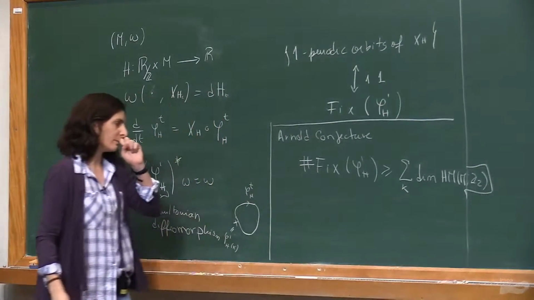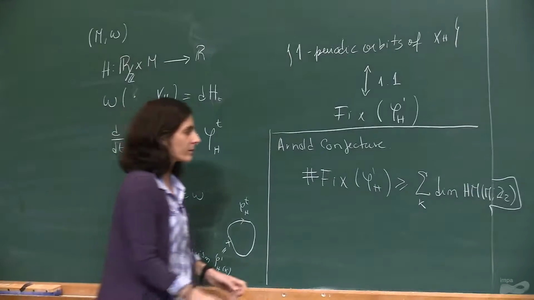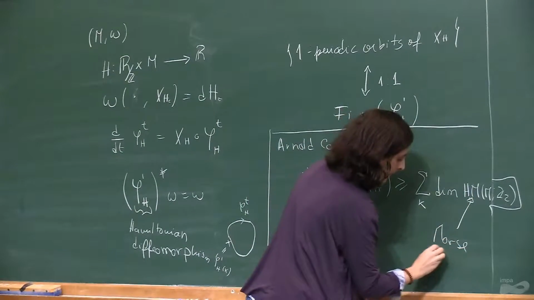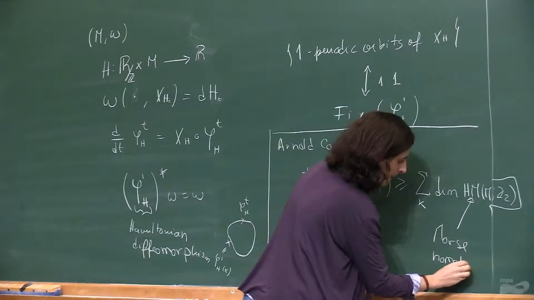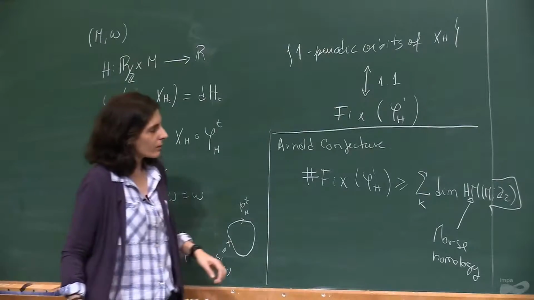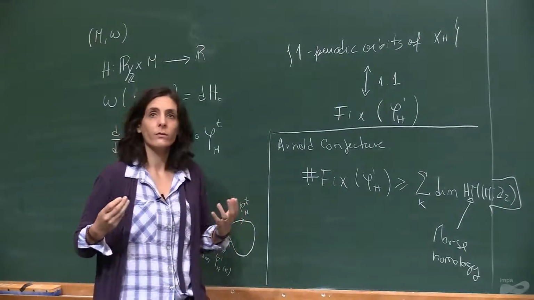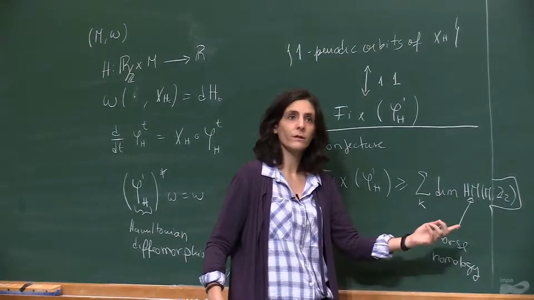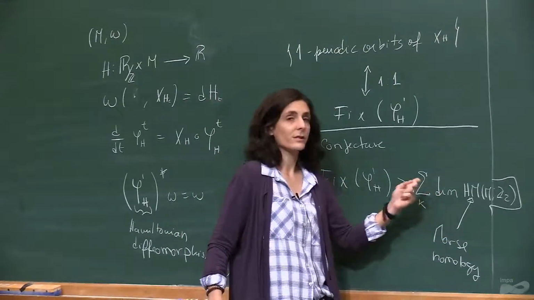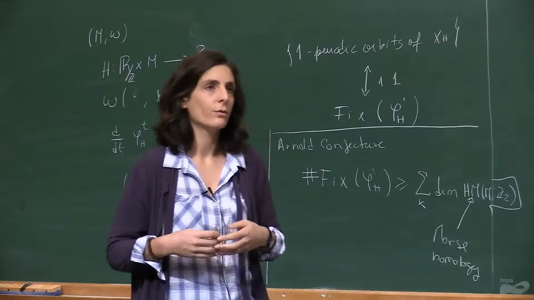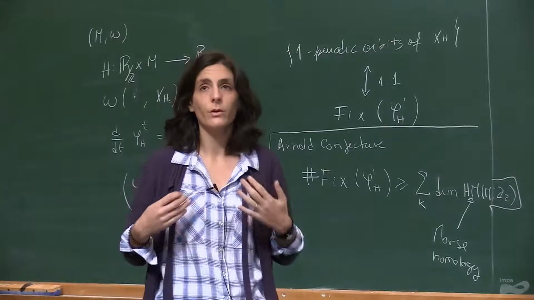Okay, so this is the Morse homology of M. So before I go into the Floer homology, I'll tell you a little bit about this Morse homology, not just because it shows up here explicitly, but also because Floer homology is known as a Morse type homology.